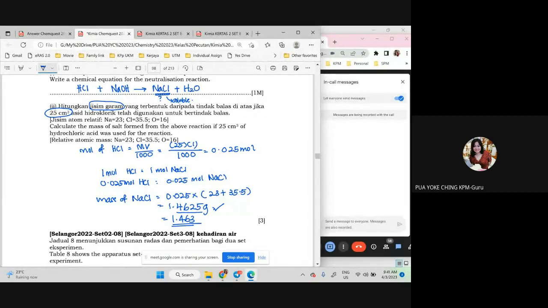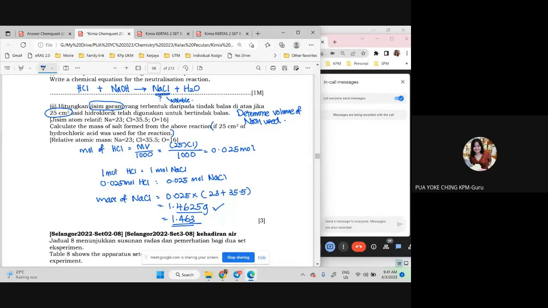Okay, usually for neutralizations, what will come out is actually your MAVA and MBVB. So actually this one will ask you to determine the volume of NaOH used. Okay, the rest is all the same.